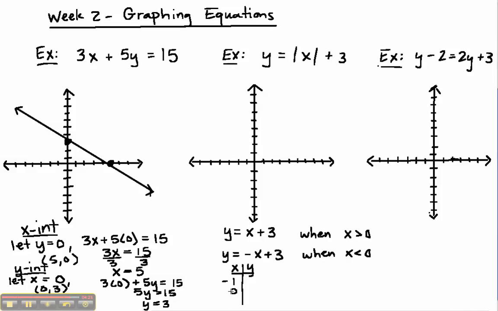We can use one where x is equal to 0 and another one when x is greater than 0. When x is negative 1, that means that x is less than 0, so we need to use the second graph. So when x is equal to negative 1, y is equal to 4.